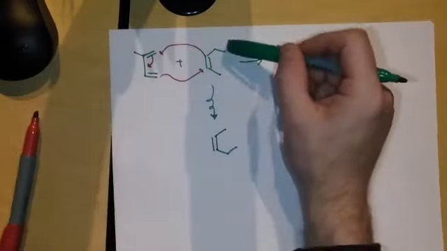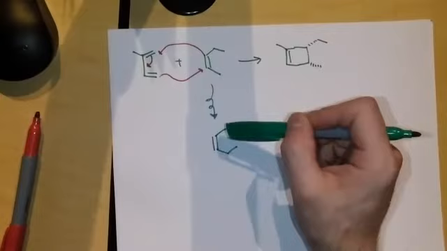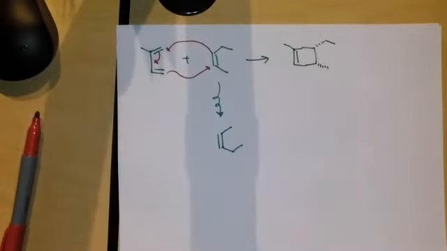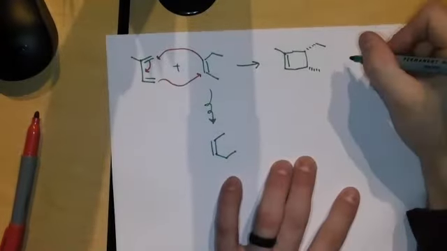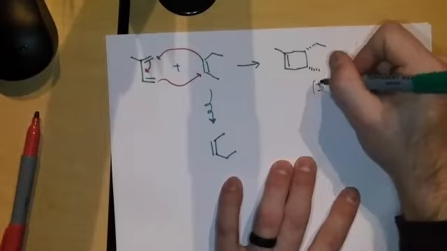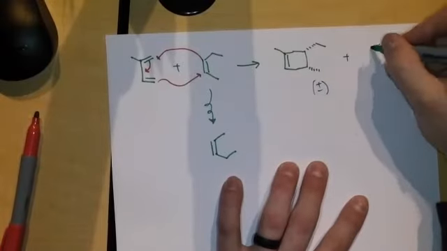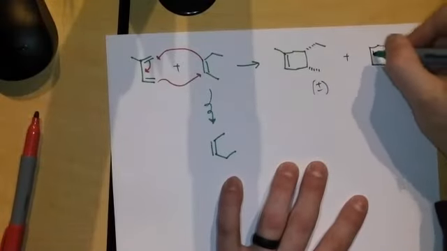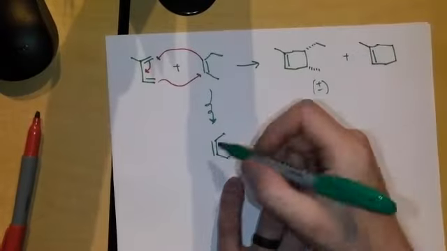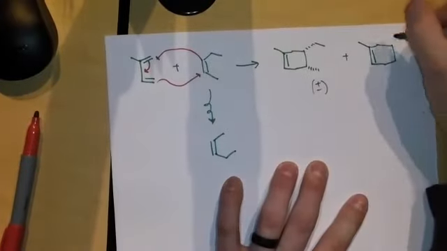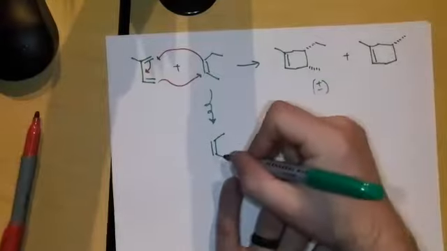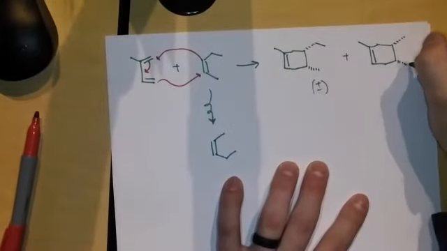So ethyl on top, methyl on bottom, you could also have the methyl on top and the ethyl on bottom. This will lead to a different product, where now this methyl is our top group and this ethyl is our bottom group.